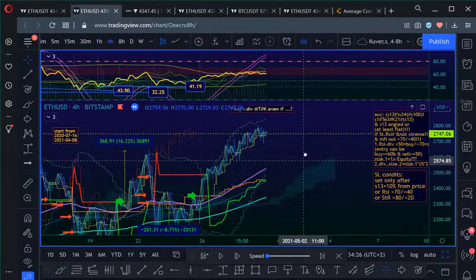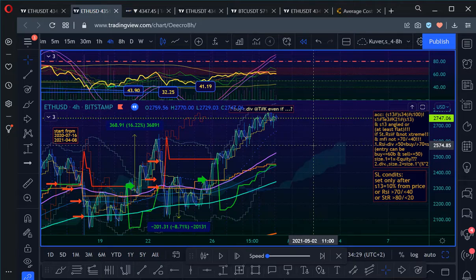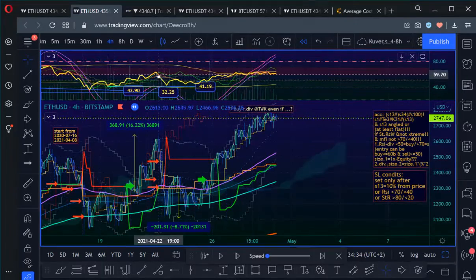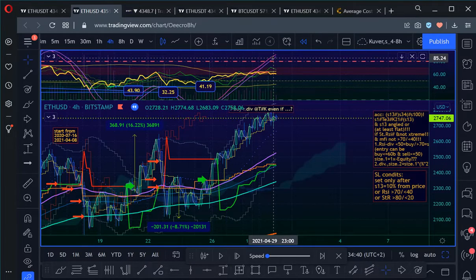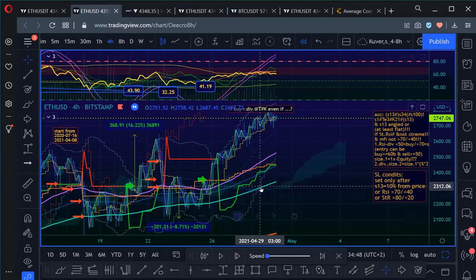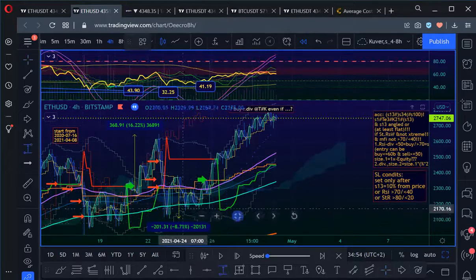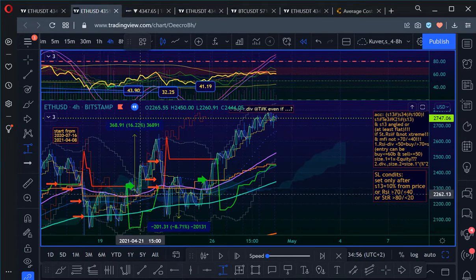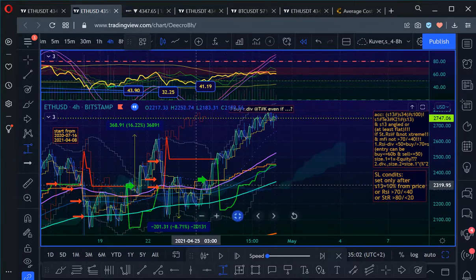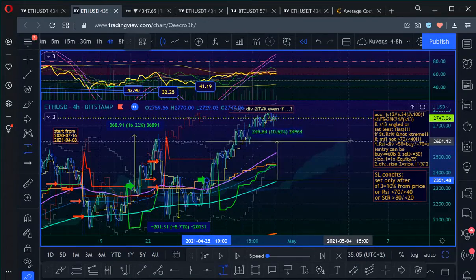So actually, my condition is to not set a stop unless the RSI crosses over the 70 or the stochastic RSI goes into extreme, or the S13 goes 10% above the entry level. So here was the price, actually, the entry of the position. So in this case, where would that be?